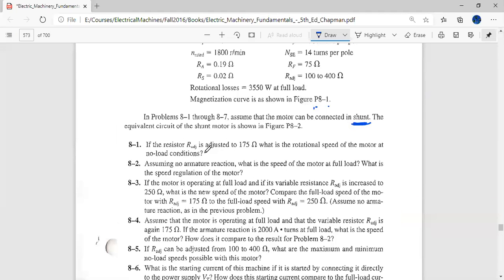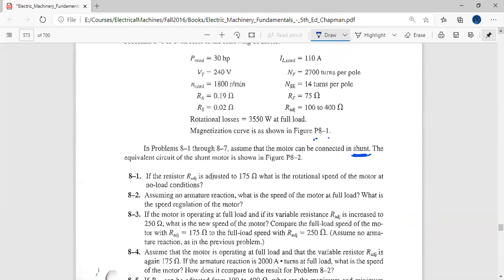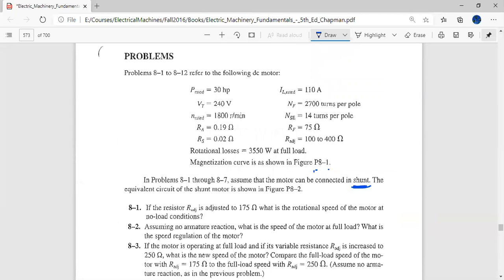Let's first draw this figure. It is a shunt motor. In a shunt motor, you have VT and you have something going in the field.